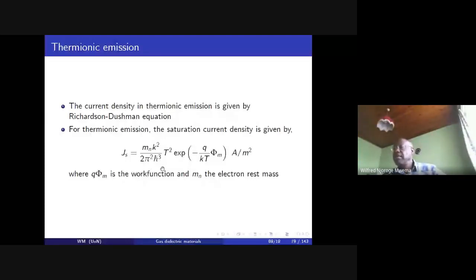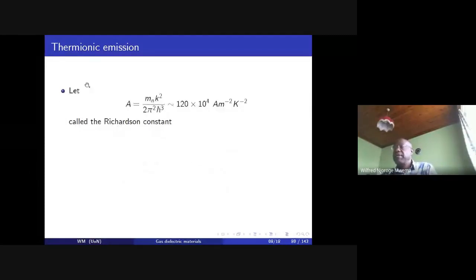We will recall the physical electronics treatment that we have already seen before. So suppose we let A be given by that constant. That constant, we provided as m k squared over h cubed, and this usually works out to about 1.2 times 10 raised to 6 amps per meter square per Kelvin square, and this is usually referred to as the Richardson's constant, and therefore the exponent of that material there.